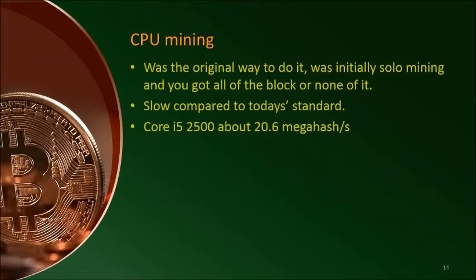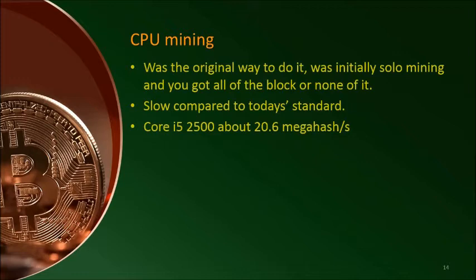CPU mining was the original way to do it. It was initially solo mining, and you got all of the block or none of it. So in CPU mining you take a portion, and if you do the mining properly then you get the whole of the Bitcoin available in that portion, or if you cannot complete the task then none of the Bitcoin is yours. By today's standards it's very slow.